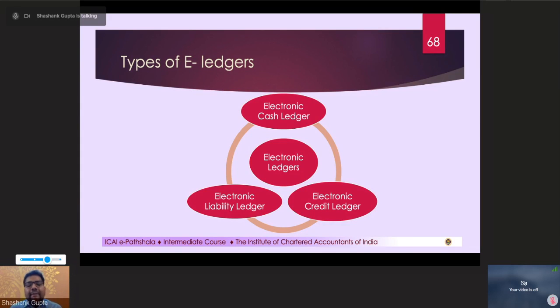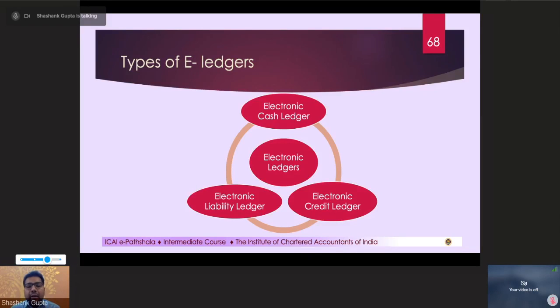So likewise, in the electronic cash ledger, there are details of all the cash that you have deposited and all that cash that you have adjusted against your GST liability.